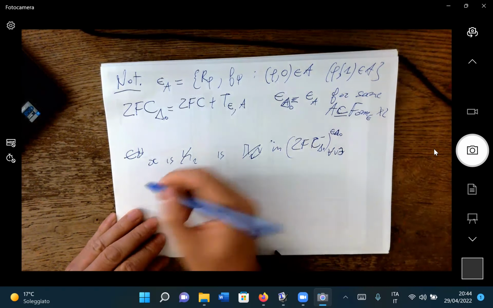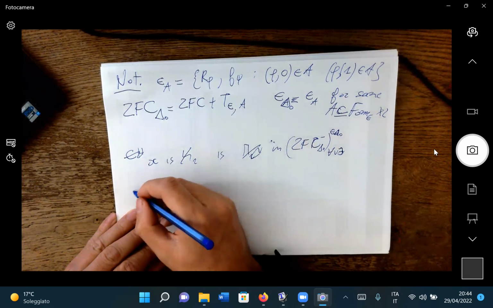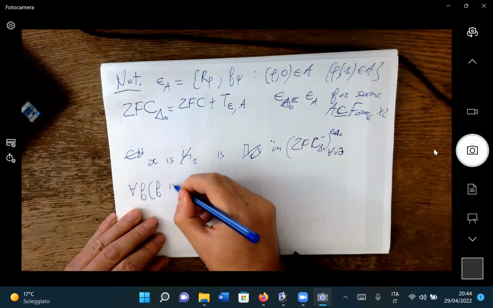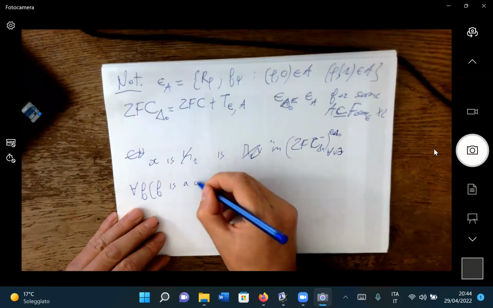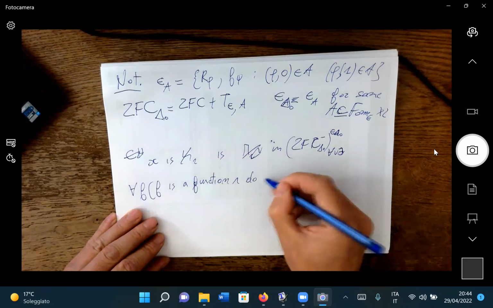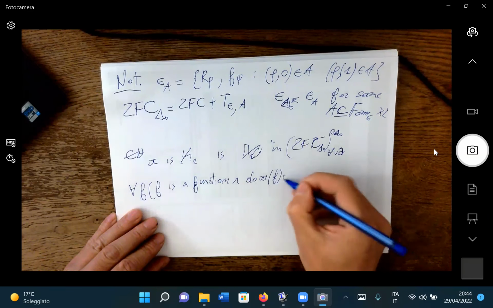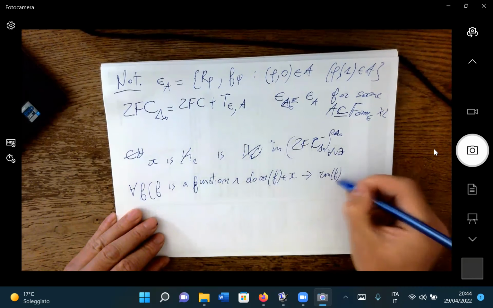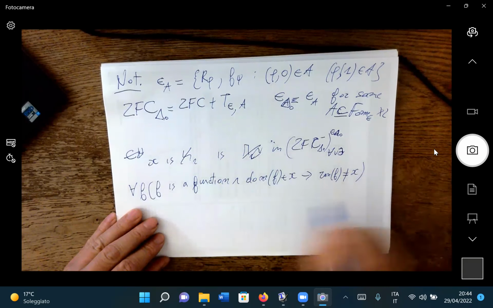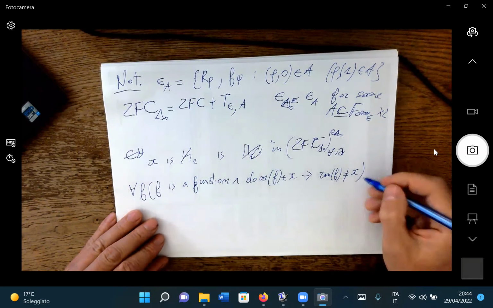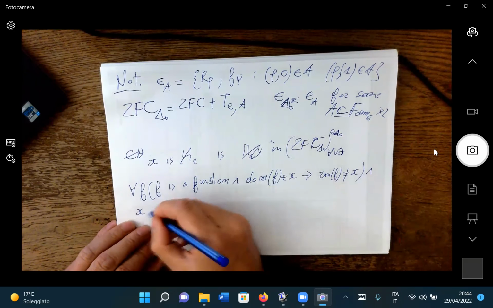Well, you can check what it means that X is Aleph 1. It means for all F, if F is a function, the domain of F belongs to X implies the range of F is different from X. So this is saying that X is a cardinal. Sorry, I have to add that X is an ordinal.